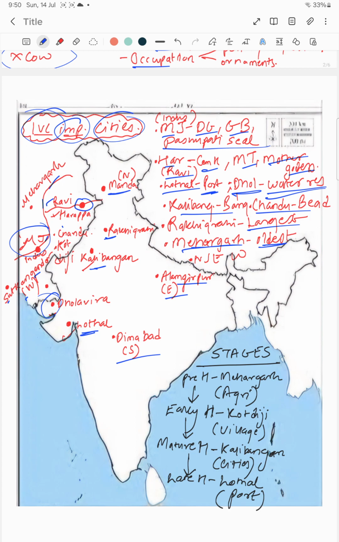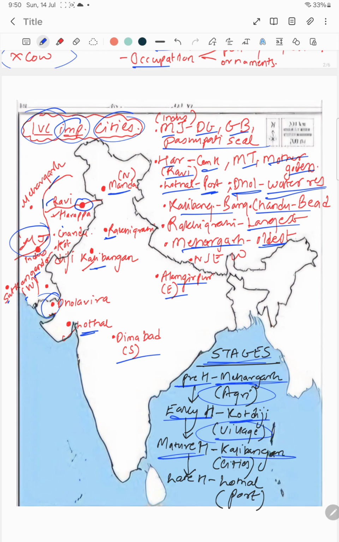Now we'll understand the stages, how it developed. As we discussed, in the pre-Harappan stage the important area was Mehrgarh, from where we can understand that the civilization started its agriculture. Next is the early Harappan stage. Example, Kot Diji. Here villages started forming. Next is the mature Harappan phase.